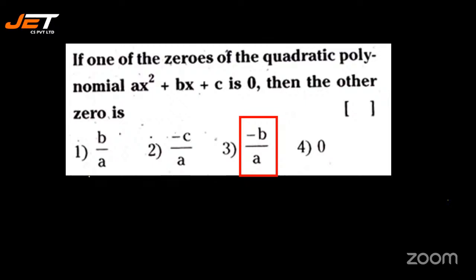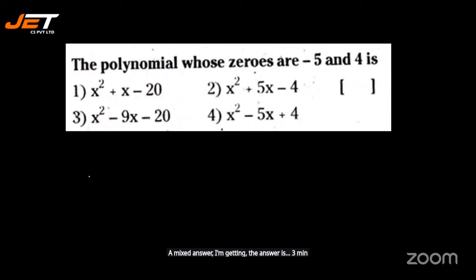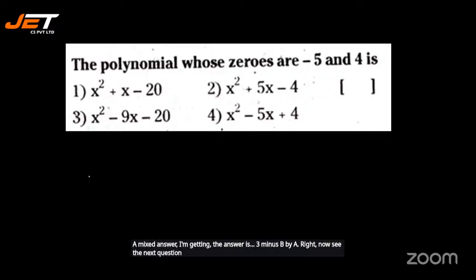Mixed answers I'm getting. The answer is 3, minus b by a. Right, now see the next question. The polynomial whose zeros are minus 5 and 4 is dash.